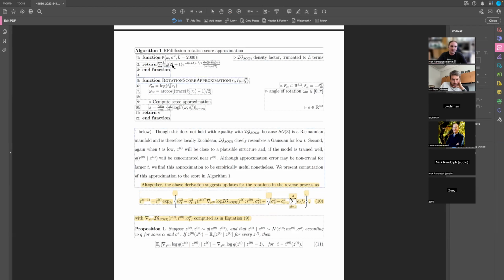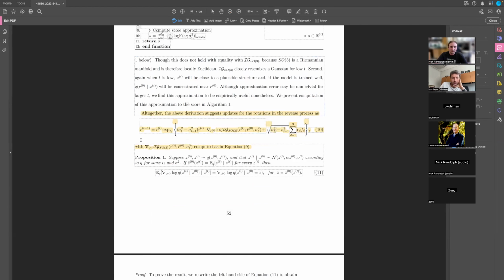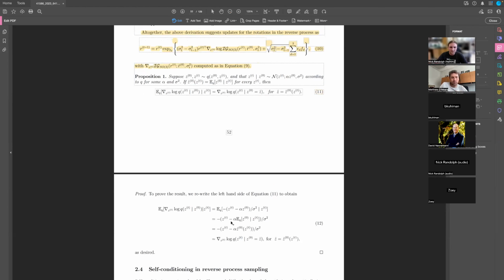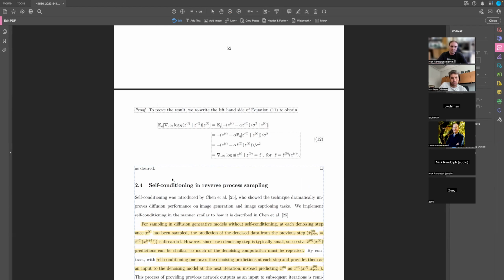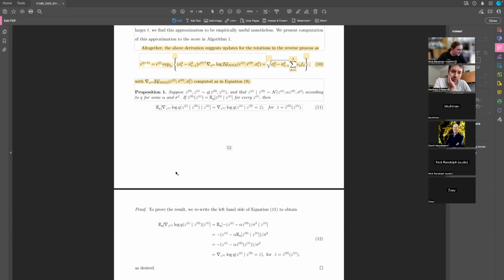They approximate the power series, and then they can approximate the score, the direction, the step we need to move by taking the predicted rotation and computing that score approximation using all these big equations. They do some proofs to help justify it. So that's a high-level overview of the rotation process of forward and reverse diffusion.